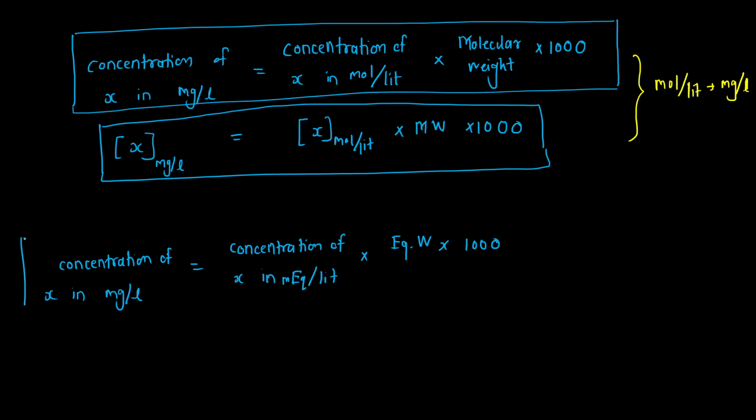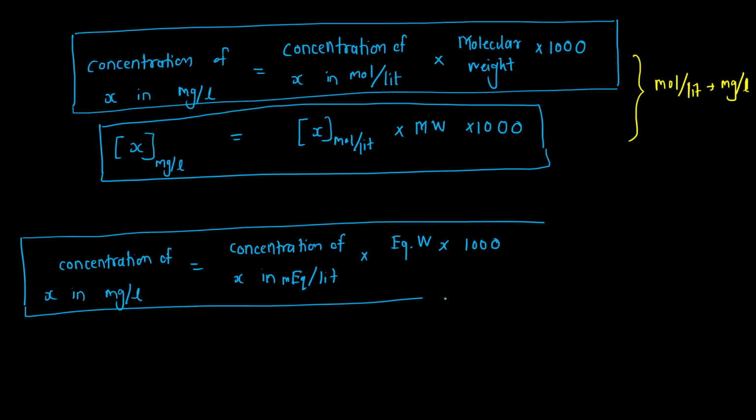So if you look carefully, the only thing that is changing here is that if equivalent weight is given, then we have to multiply by equivalent weight instead of molecular weight.